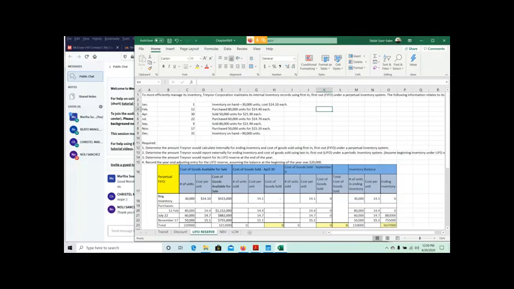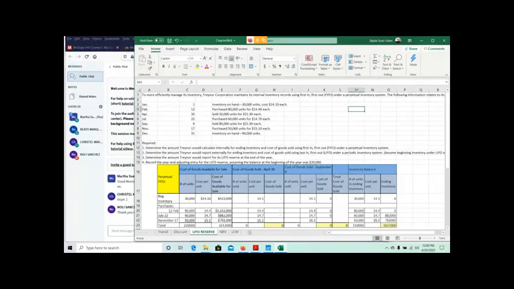Now, companies prefer to use FIFO, but they want to use LIFO for tax purposes. What the tax code says is that if you select to use LIFO for tax purposes, you have to use LIFO for external financial purposes. So companies are going to have two sets of books.